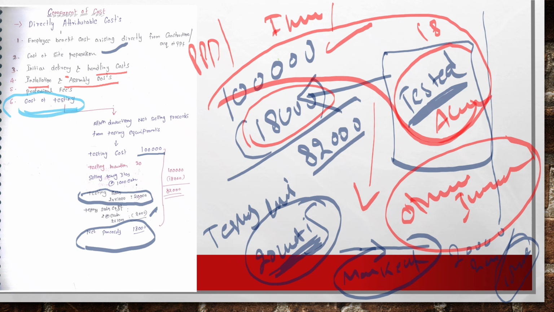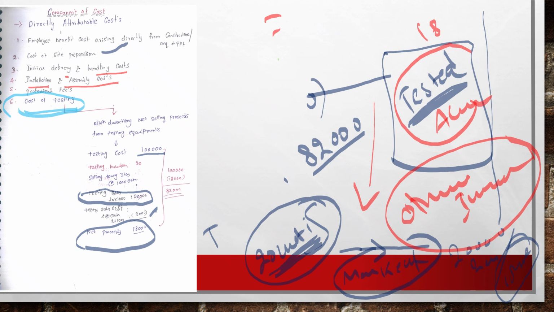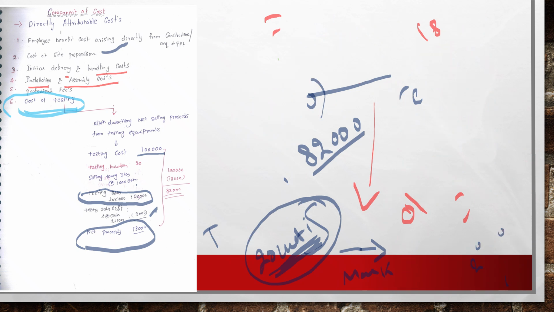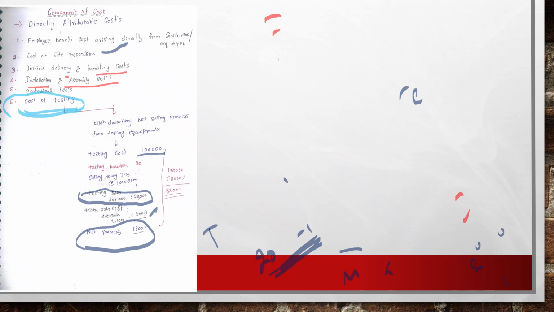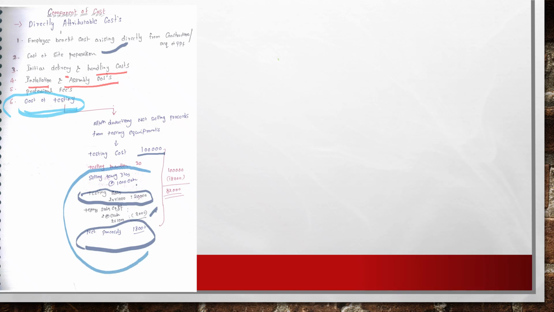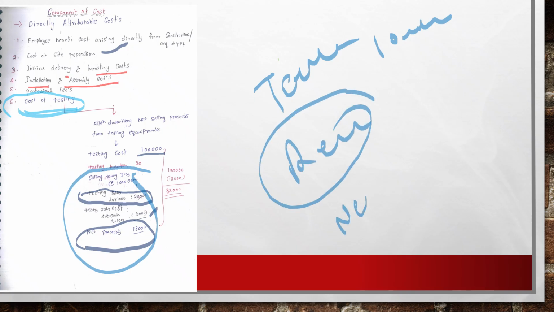So the standard mentions that you should decrease the net sale proceeds from your testing cost, if you get any proceeds for these testing items. So testing cost should be reduced by the net proceeds of sales, if any. I hope you understand this.